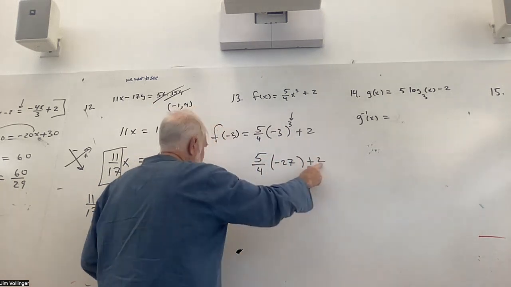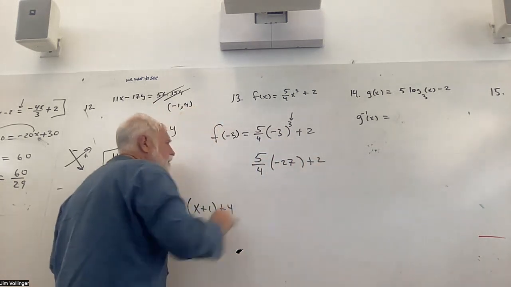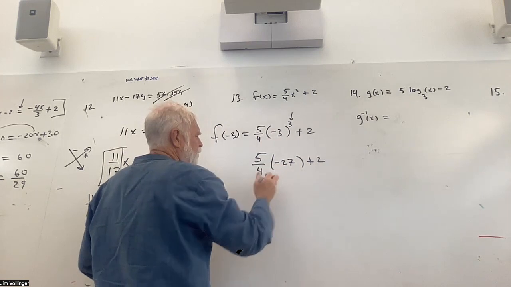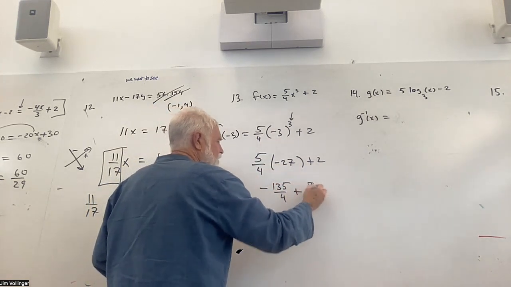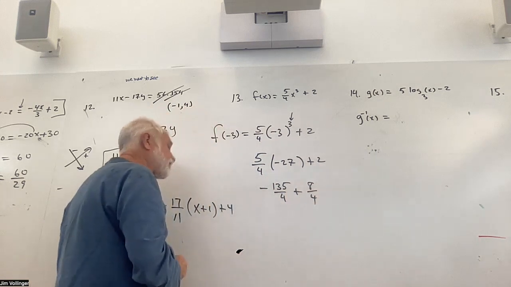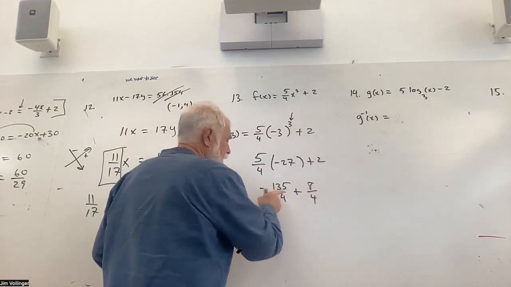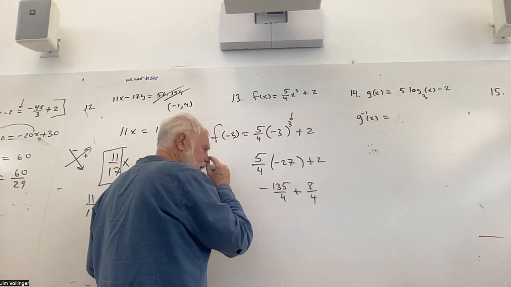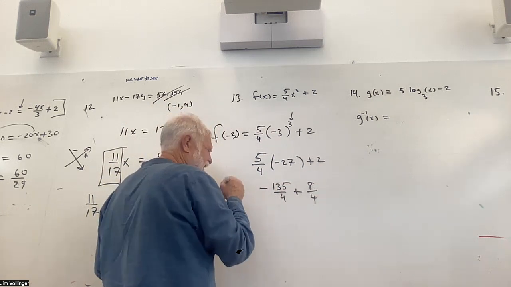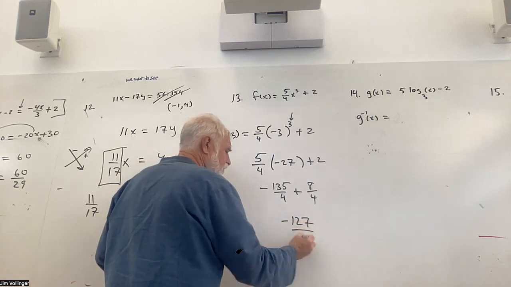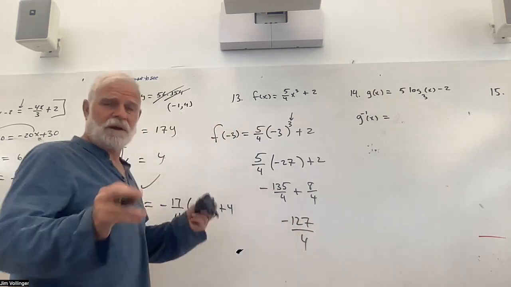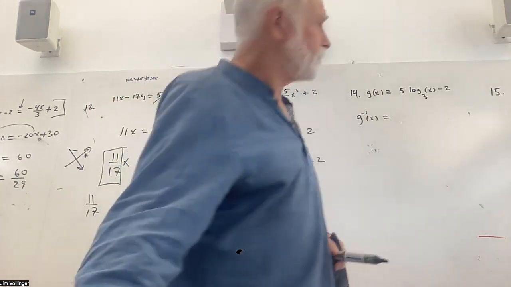I got a feeling that's going to turn into 8 fourths. Minus 135 fourths plus 8 fourths allows us to add fourths. And take 8 away from 135, and you got what? I knew that brain was going to stop working. 127 over 4. Okay, if I'm wrong, I'm wrong. Not thinking about it again.